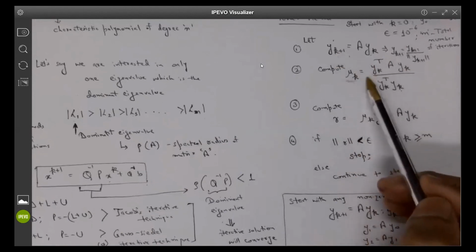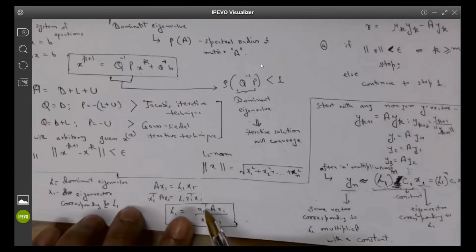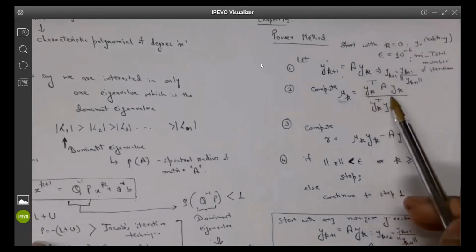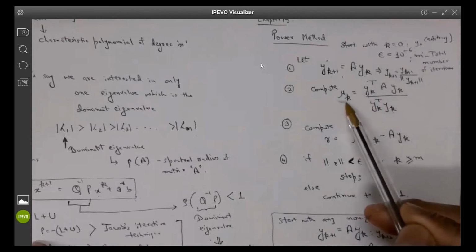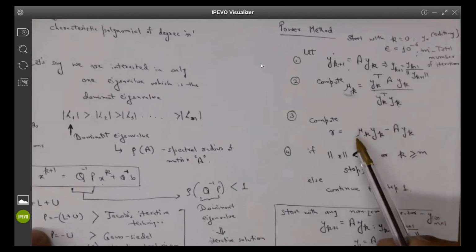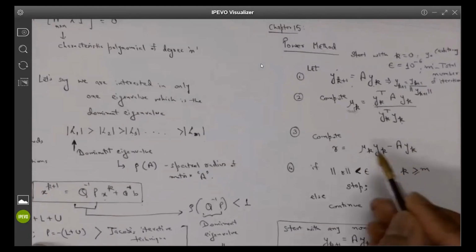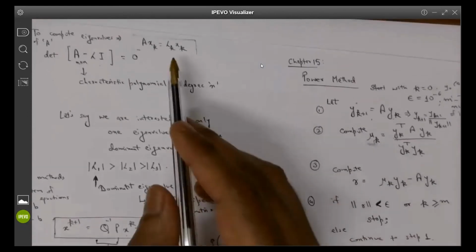So if you assume that and you find the eigenvalue, if you remember what we have done, lambda 1 is x transpose A x divided by x transpose x. So in the first iteration itself, if I found my eigenvalue, that's what I'm calling mu k. Now, if mu k is my eigenvalue, I find this residual, and this will be 0 if mu k is really the eigenvalue. This is coming from this step.